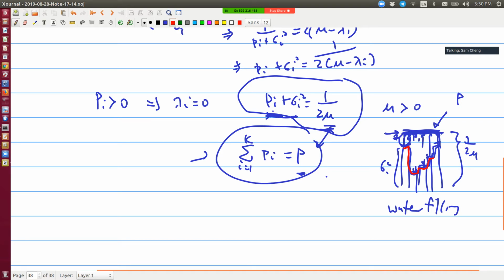So the question is, when it touches the highest one and we continue to decrease the power, what will happen?